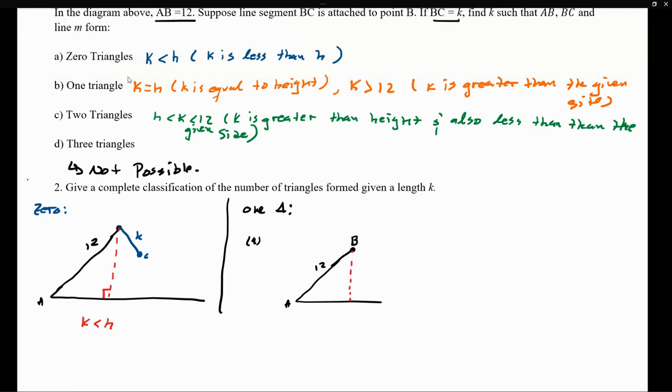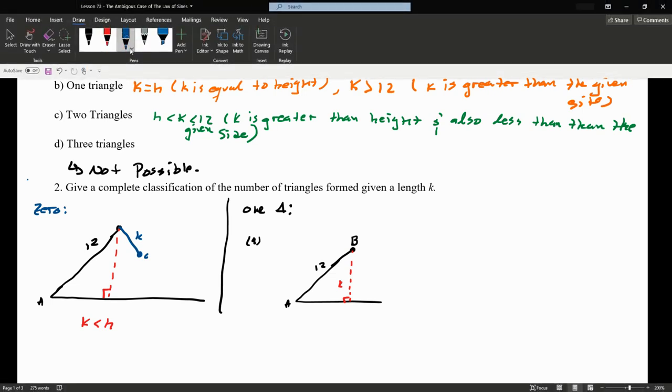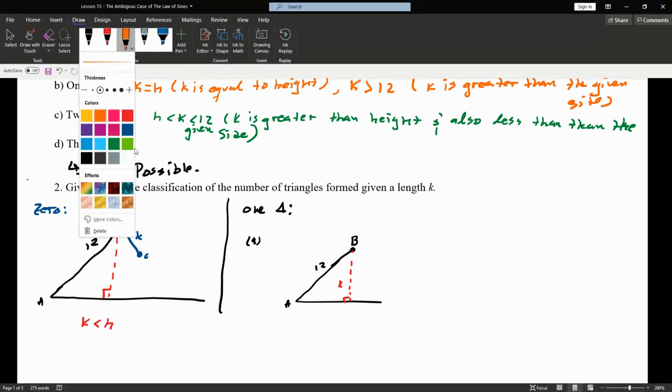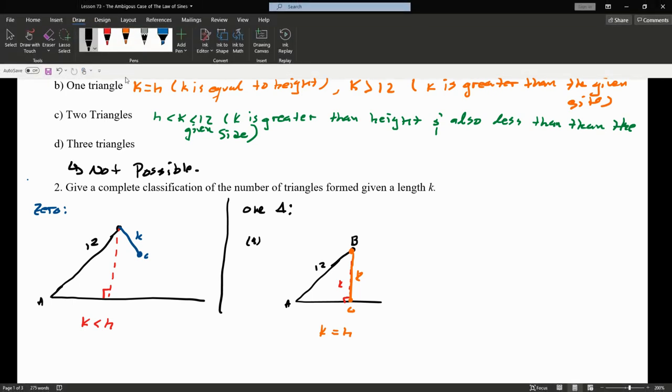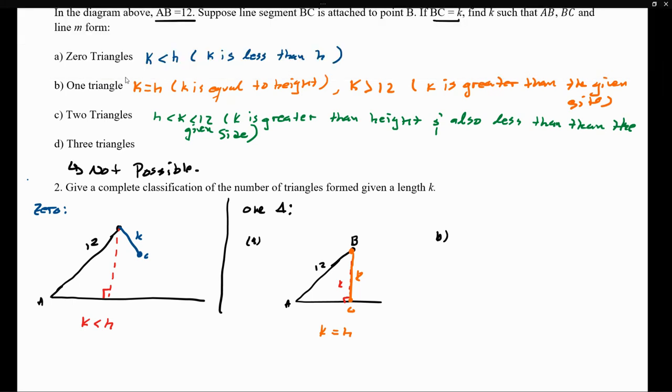The first situation is if we let our k be exactly the same as the height. So if k is exactly the height, then we could have created one triangle.